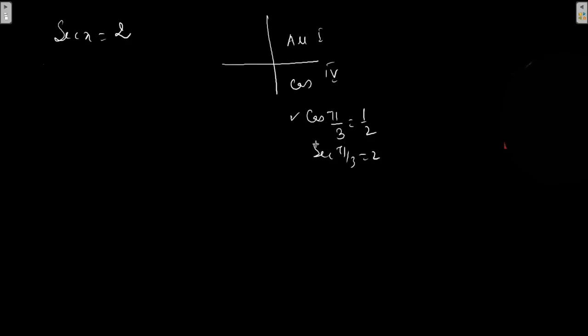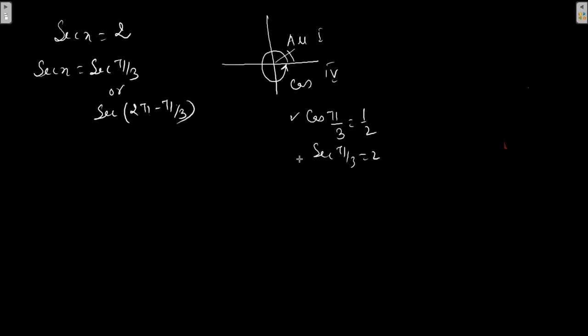So sec x equals sec of pi by 3, and then for the next one you have to come to the fourth quadrant. So basically you do 2 pi minus pi by 3 to get the other one, which is sec of 2 pi minus pi by 3, right?